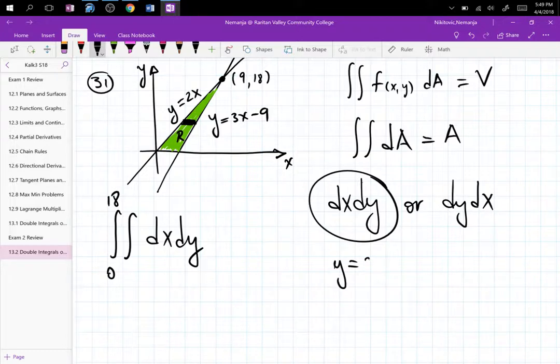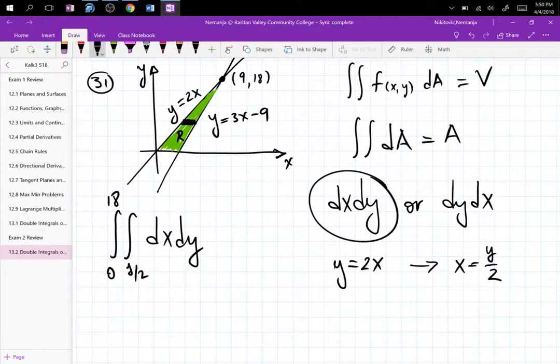We have y equals 2x. We are going to solve it for x, which Andrea said is x equals y over 2. So it's y over 2. We are going to plug that one where? Lower limit, upper limit? Lower limit, good.